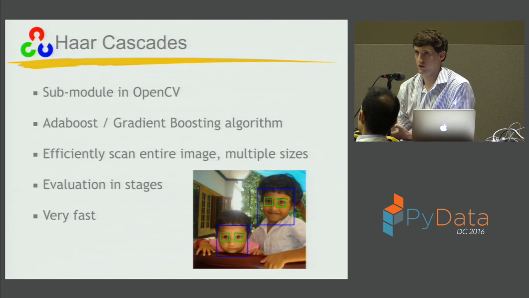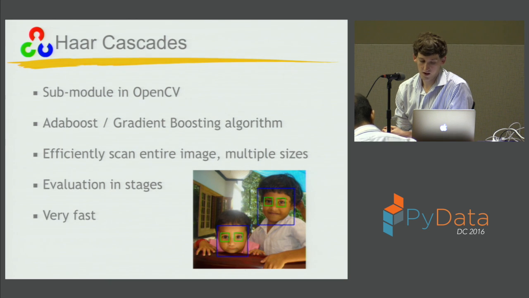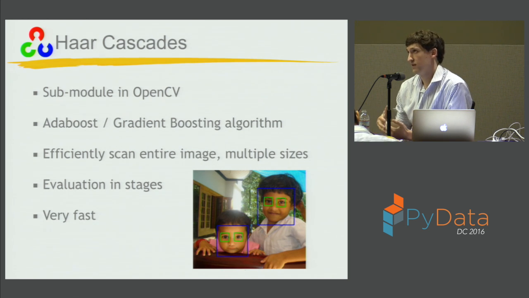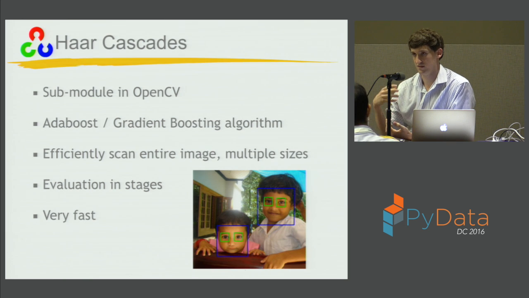Usually you think of neural networks, but Haar Cascades actually uses gradient boosting, generally a 100,000 tree model. So it's a really big gradient boosting model. Basically, OpenCV has this Haar Cascades module, which will train a GBM on whatever you're trying to identify.